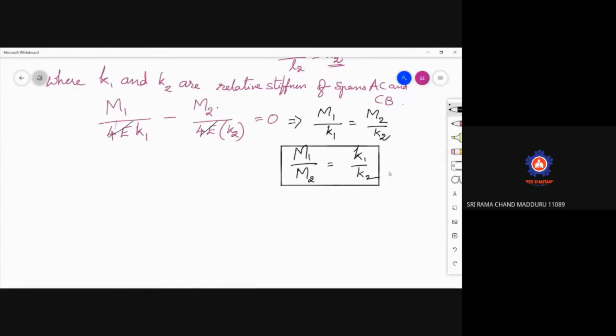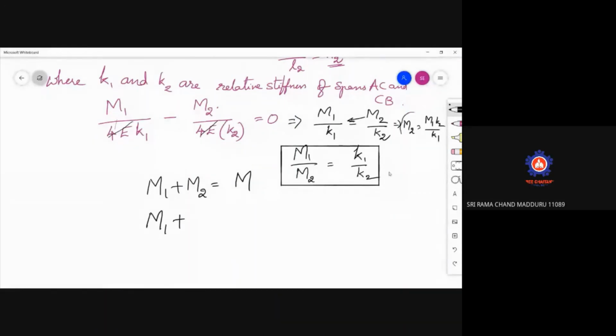So M1 by M2 is equal to K1 by K2. Now in this, we know that in the first step we have written M1 plus M2 is equal to capital M. In this, instead of M2, I will write from here: M2 is equal to M1 into K2 by K1.